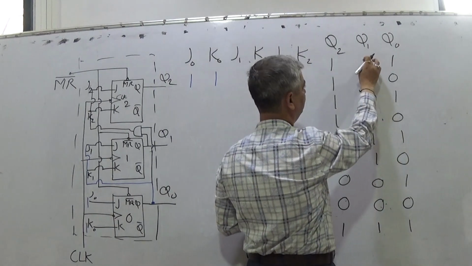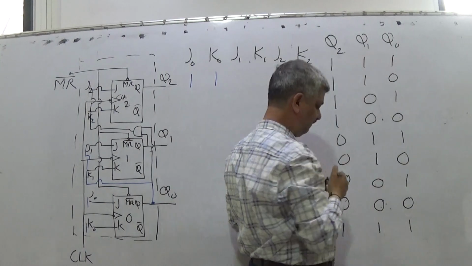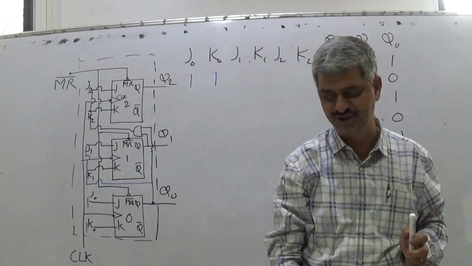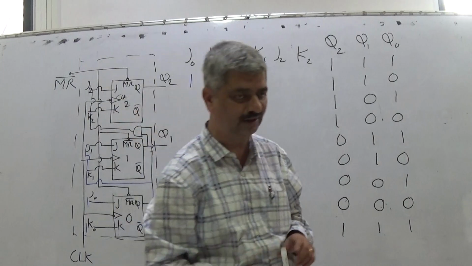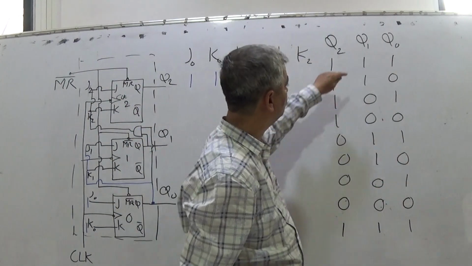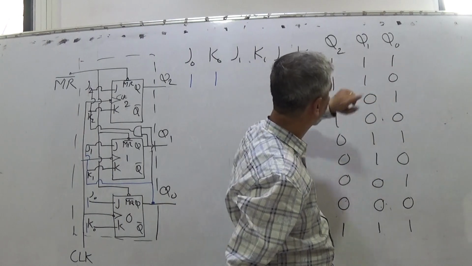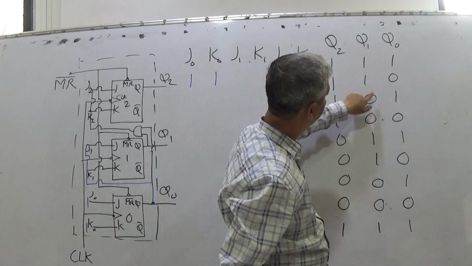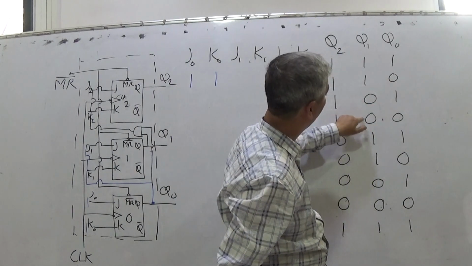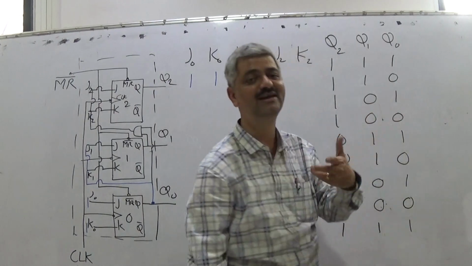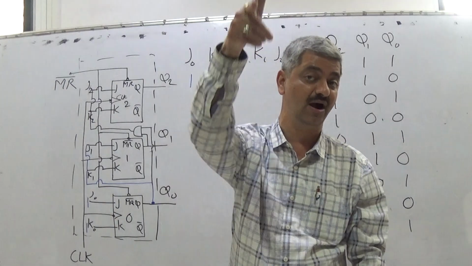For the action of either continuation or toggling of Q1, you look at Q0. Q1 continues when Q0 is 1. Q1 toggles when Q0 is 0. Q1 continues when Q0 is 1. Q1 toggles when Q0 is 0. So very simple, exactly the reverse of the up counter.